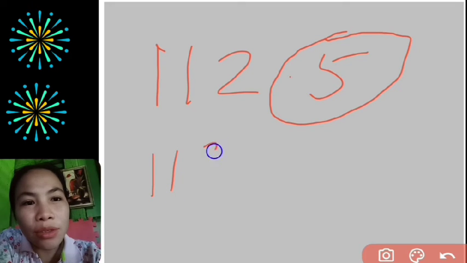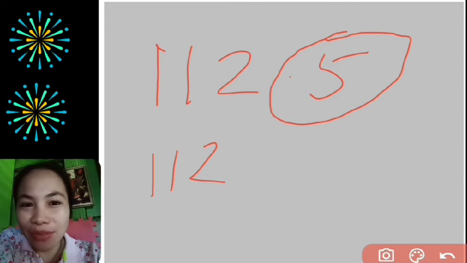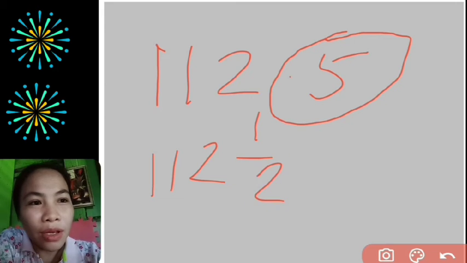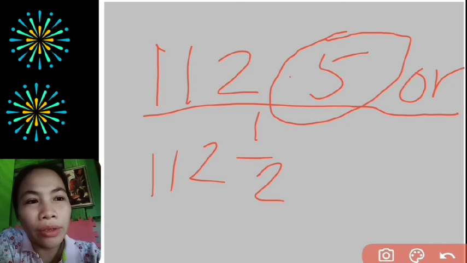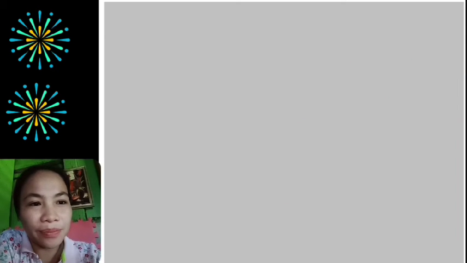Since the given question has a fraction, we have to make this a fraction. What is the fraction of 0.5? Of course it is 1/2. So 112.5, or 112 and 1/2. Let's see if we get the correct answer.